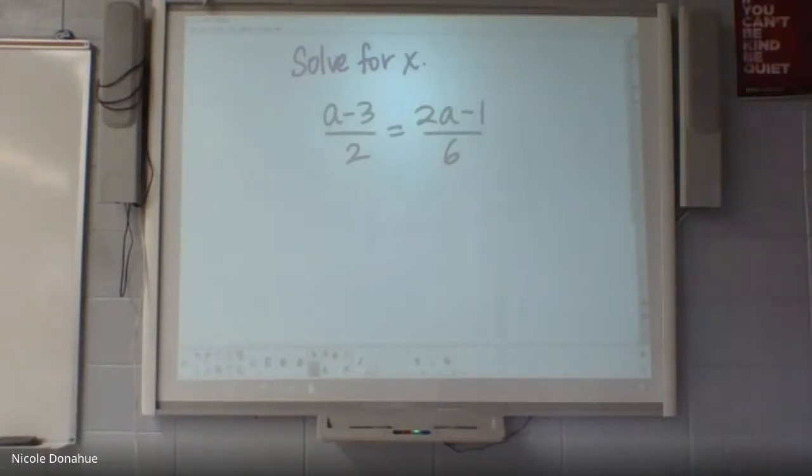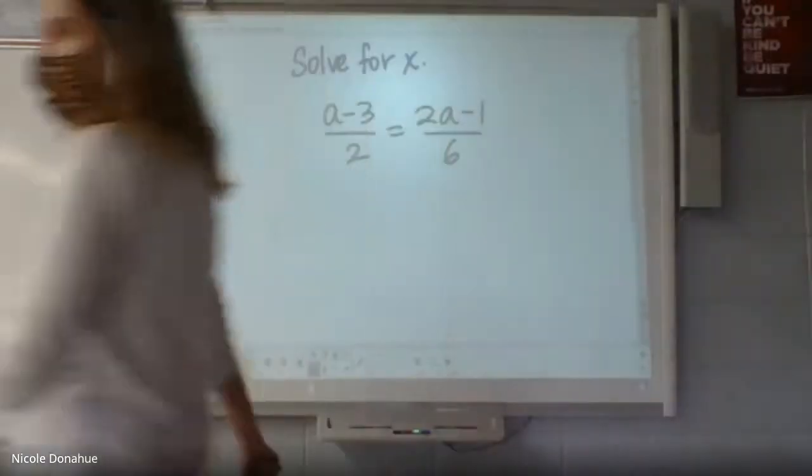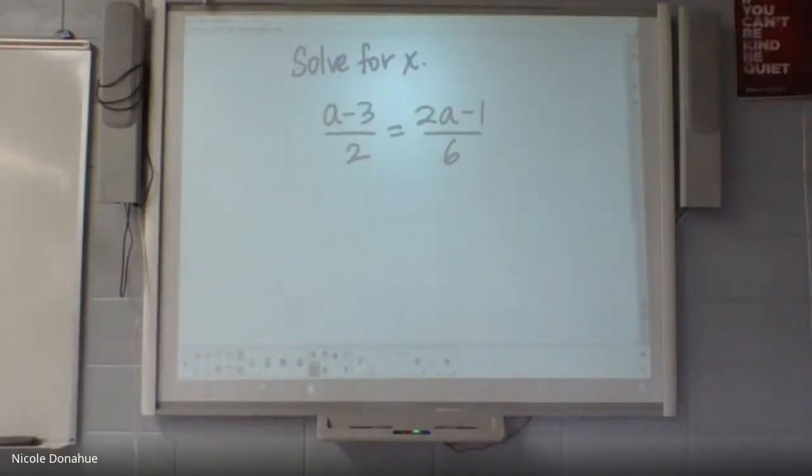The 4x needs a 2 behind it. So if you distribute that 2 in, the 2 times the 2a is 4a, and then minus 2. Yeah, a few places to make little mistakes here.